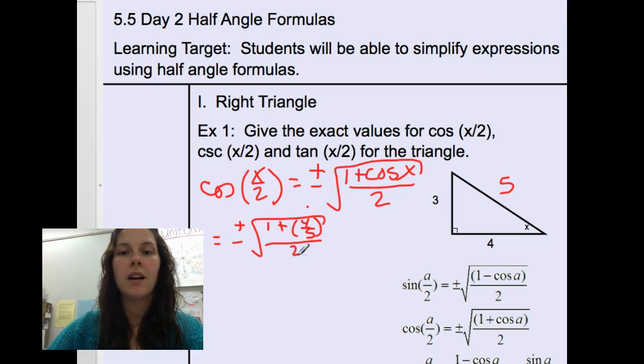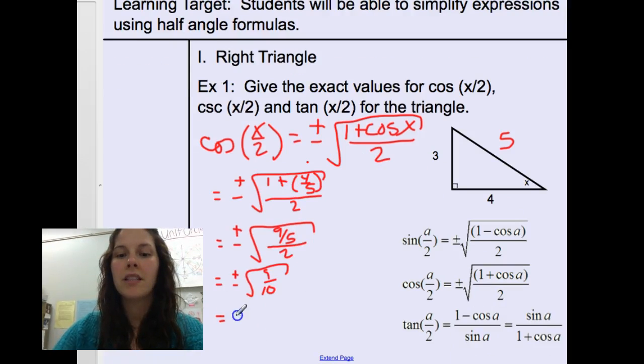So we need a common denominator in that numerator to add our fractions. So we get 1 turns into 5 over 5. So we have 9/5 in the numerator. And remember, when you divide, it goes in the denominator. So that 2 is going to go in the denominator with my 5, and I'm going to multiply.